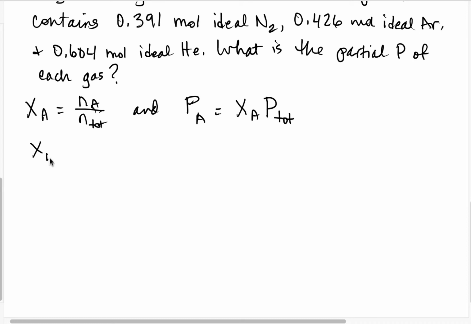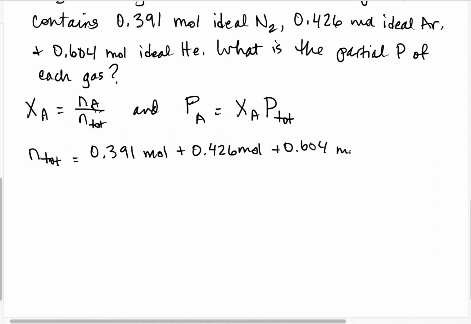Our mole fraction of nitrogen would be, what's our total number of moles? Our total number of moles is the moles of the nitrogen plus the moles of the argon plus the moles of the helium. So I get 1.421 moles.